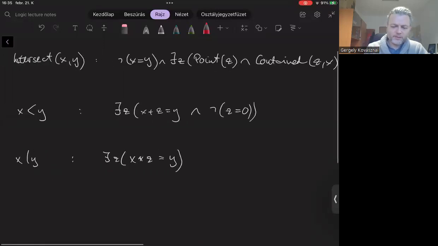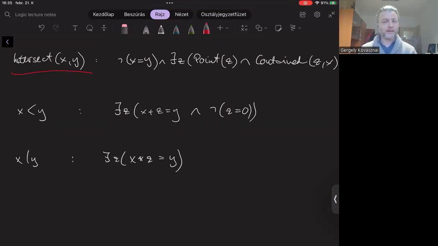So let's check out the first concept here, which is about checking if 2 lines x and y intersect each other. In the second one, we want to check if the number x is less than another number y. In a similar way here, we want to check if a number x divides another number y.